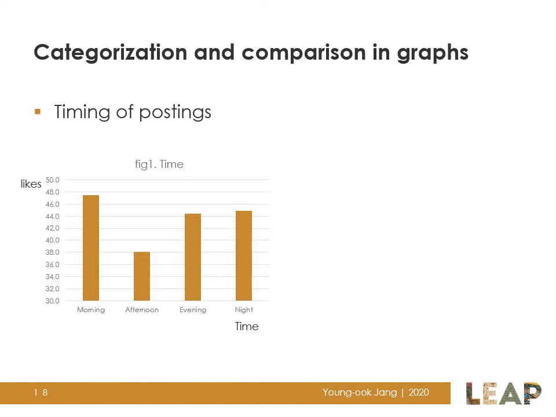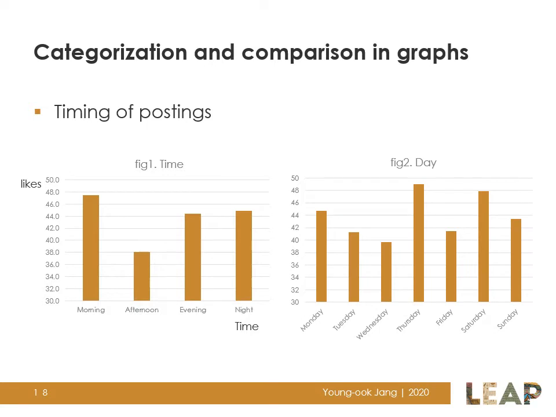It's probably because people work in the afternoon and kind of shirk in the morning by searching Instagram and giving likes to others, right? And I have a bit of a range of likes in the evening and at night. So this is the pattern that I found from the postings in terms of time.